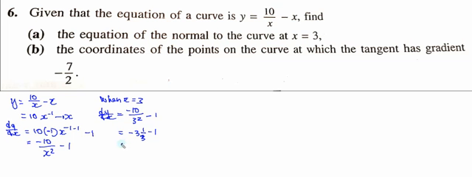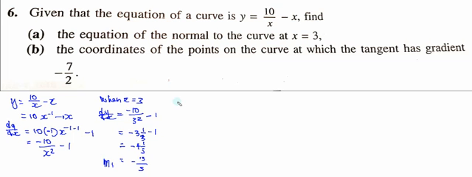Okay, so add together, becomes minus 1 and 1/3... minus 13 over 3. This dy/dx is actually the gradient of the tangent at the point when x equal to 3. The tangent is drawn on the curve when x equal to 3. So this is a gradient. This is actually the m1.